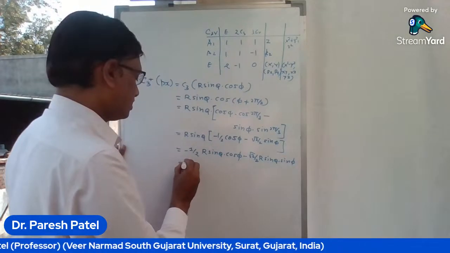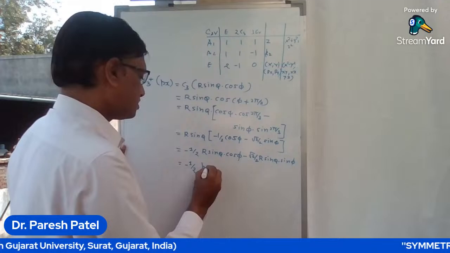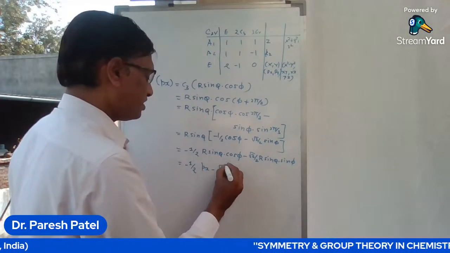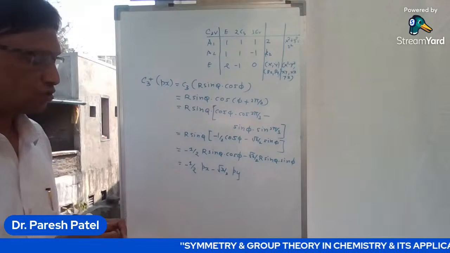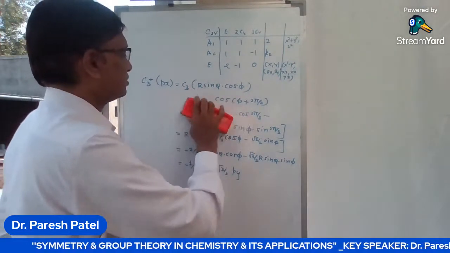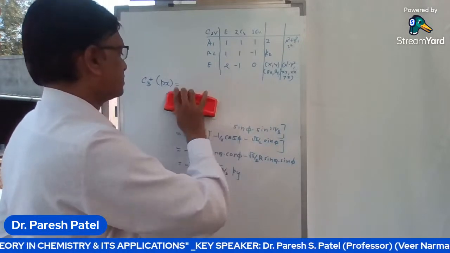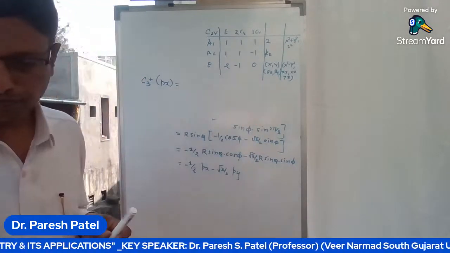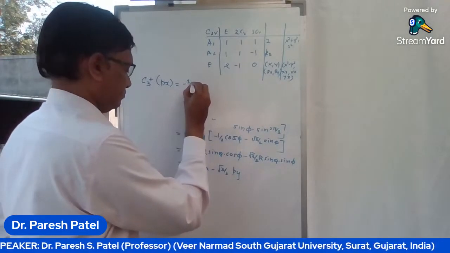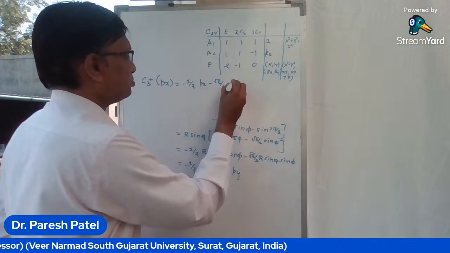Or we can say this is nothing but minus 1 half px minus root 3 by 2 py. So if we operate the C3 symmetry operation on px, it gives minus 1 half px minus root 3 by 2 py.